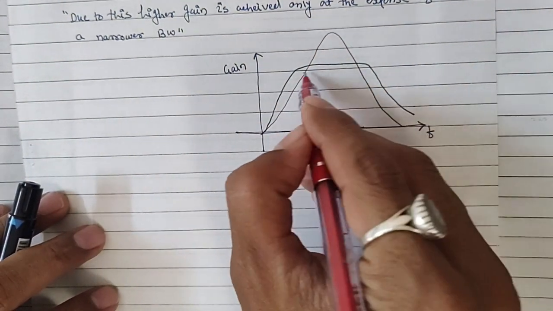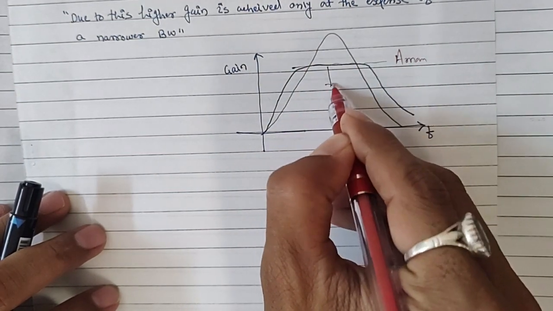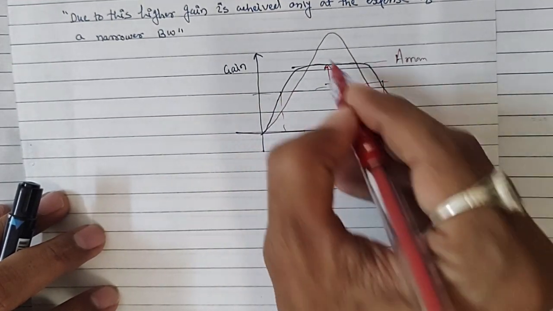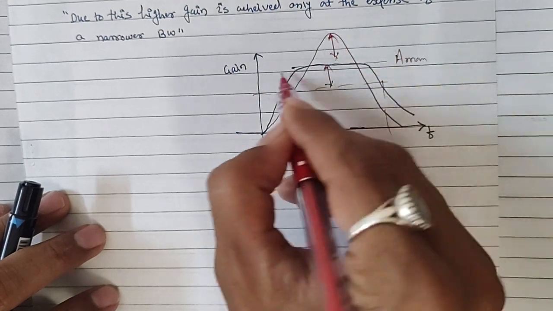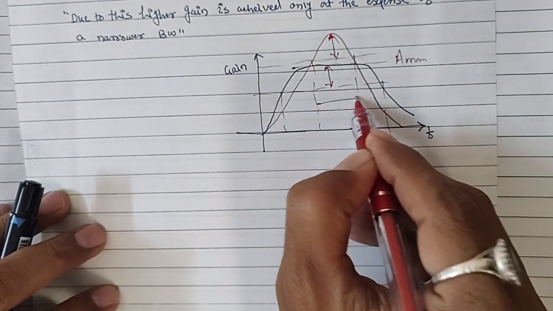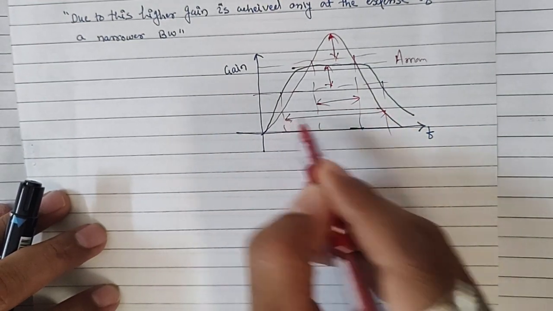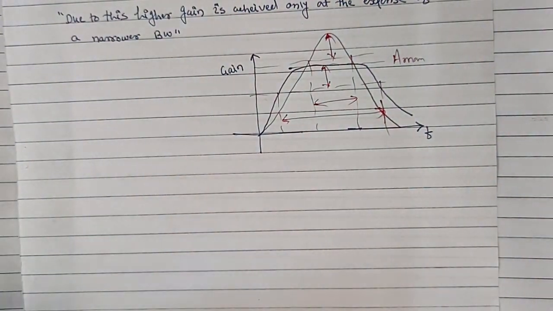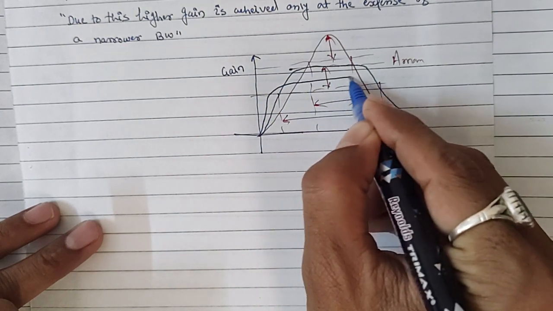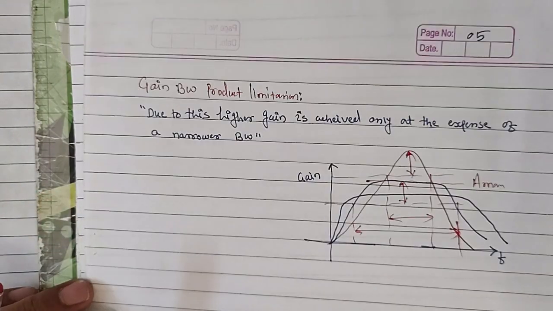What is bandwidth? Whatever maximum value we have to take 3 dB down of that. So that is actual our bandwidth. So in this case, if you take 3 dB down and determine the bandwidth, it is smaller as compared to earlier bandwidth, right? And if we try to improve the bandwidth, we have to compromise for gain. So that is the limitation of gain bandwidth product limitation.